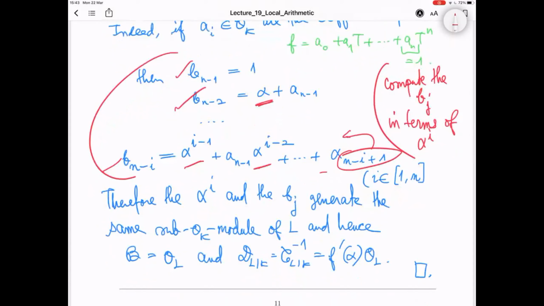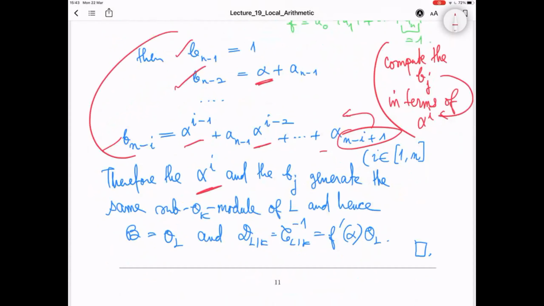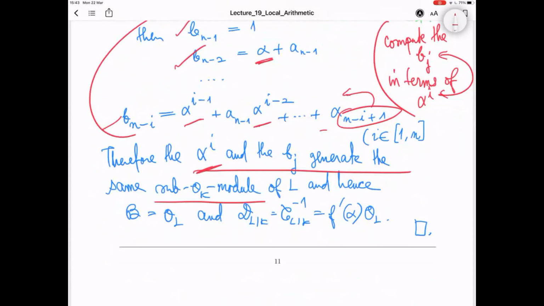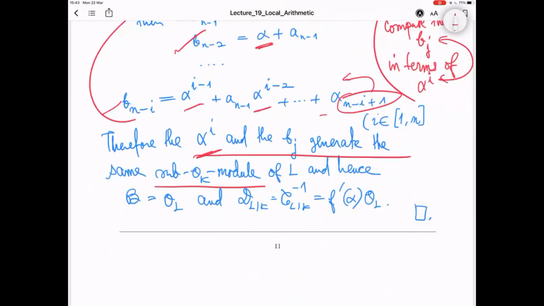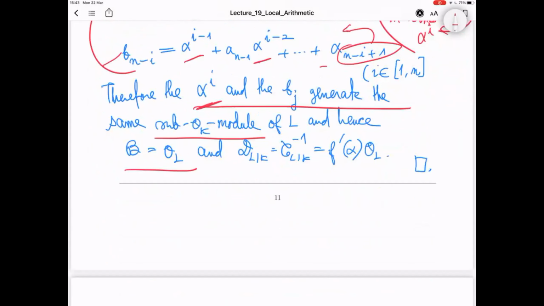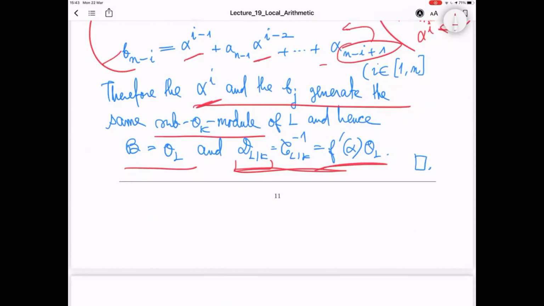And conversely as well, we are able to express these alpha i's in terms of these beta j's. So they generate the same submodule. And that shows that this ideal B is equal to the ring OL, and therefore the inverse of the inverse different gives you the different f prime of alpha.